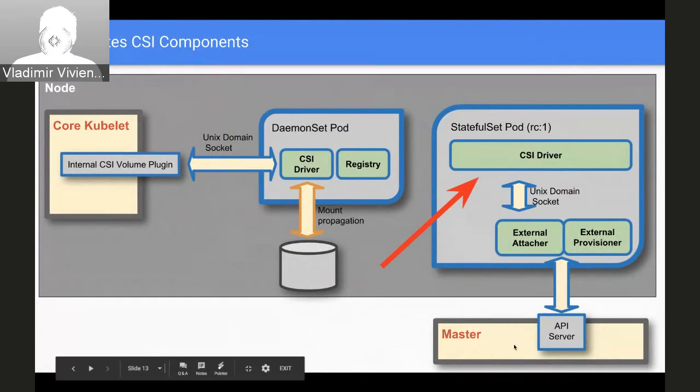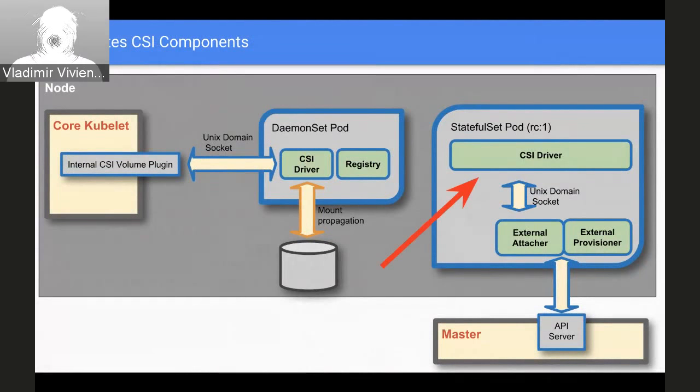So this slide basically shows the higher level components, and once you deploy those components onto your cluster and everything works properly, you should be able to use CSI as designed.